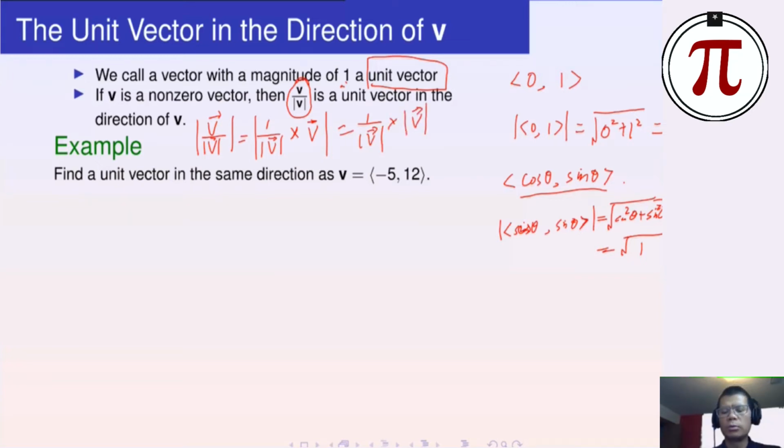So this equals 1. You can see that the magnitude is always 1, therefore it is a unit vector.